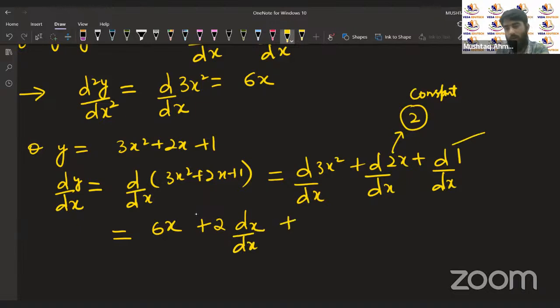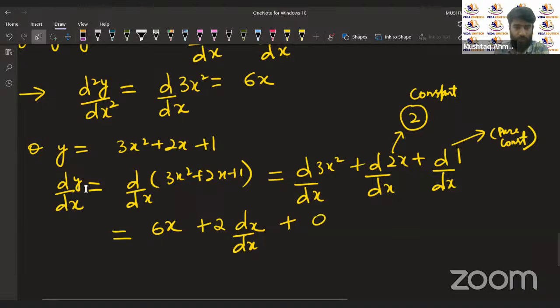And here we have only a pure constant. The derivative of a constant will always be 0, because a constant will not change. It itself says that I'm constant, that it won't change at any cost. So its derivative will be 0.